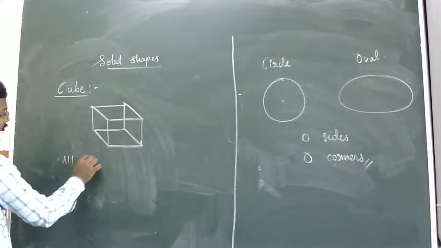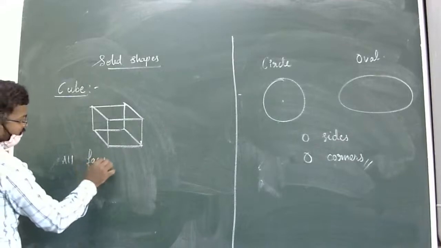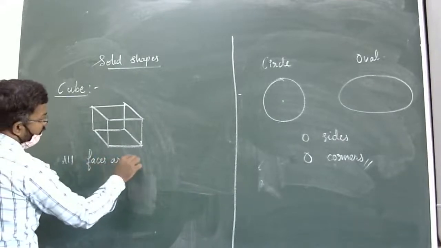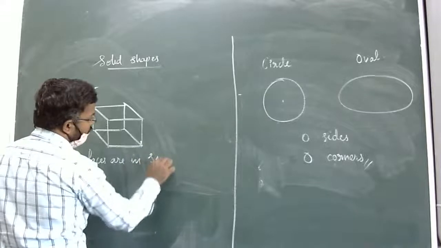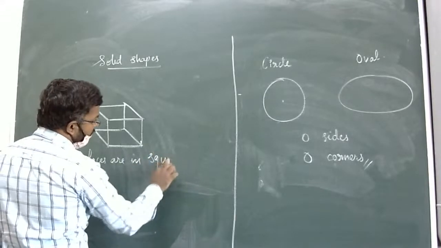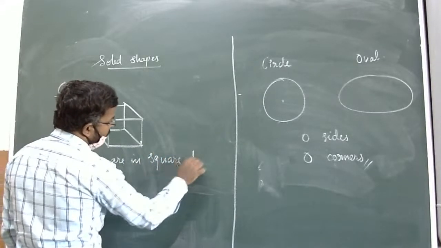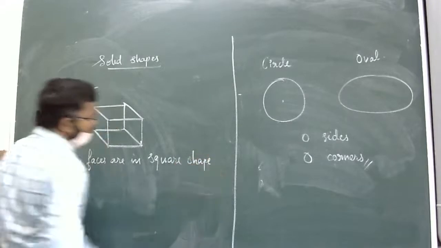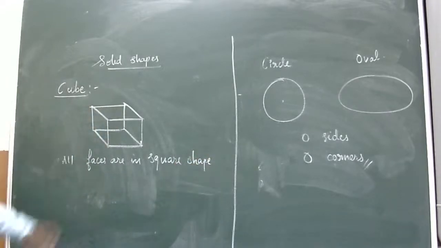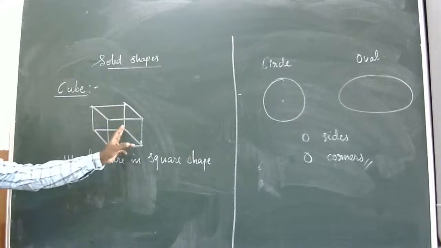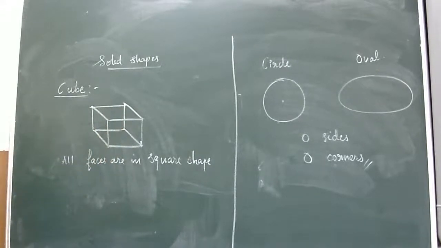Okay. So here all faces are in square shape. So if you see here, in case of cube, all faces are in the shape of square.